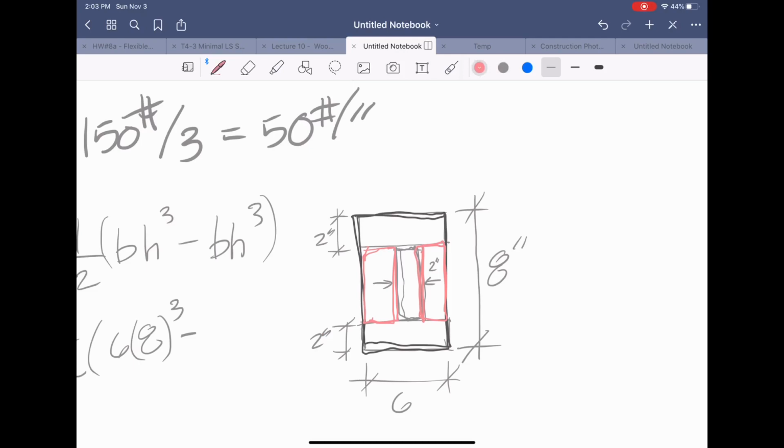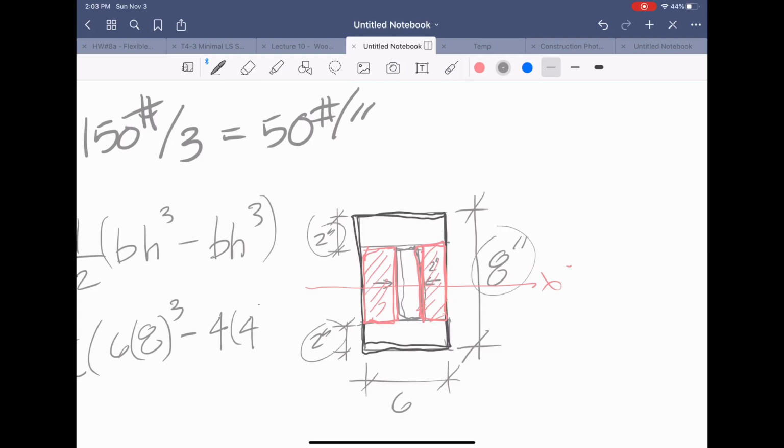We know that if we were to combine those two rectangles into one, and we could do that because we're on the same axes, we're not moving away from the axis, because remember it's bending about the x-axis, right? Then what we have is the base would be 6 minus 2, which is 4, and the height would be 8 minus 2, so 6.